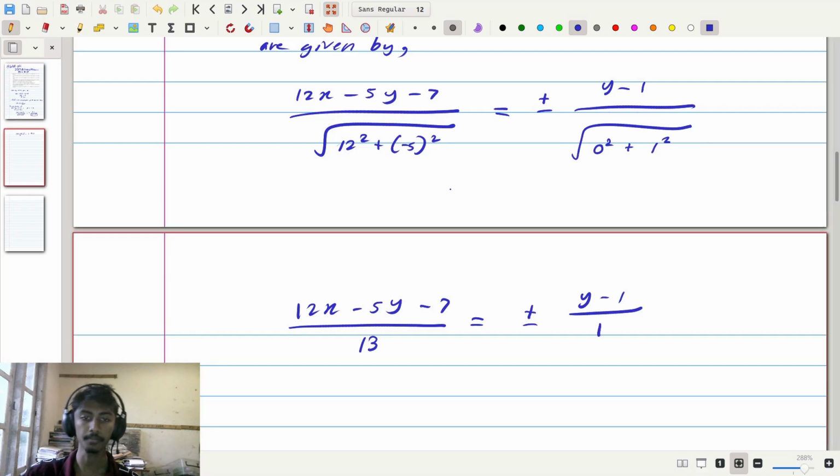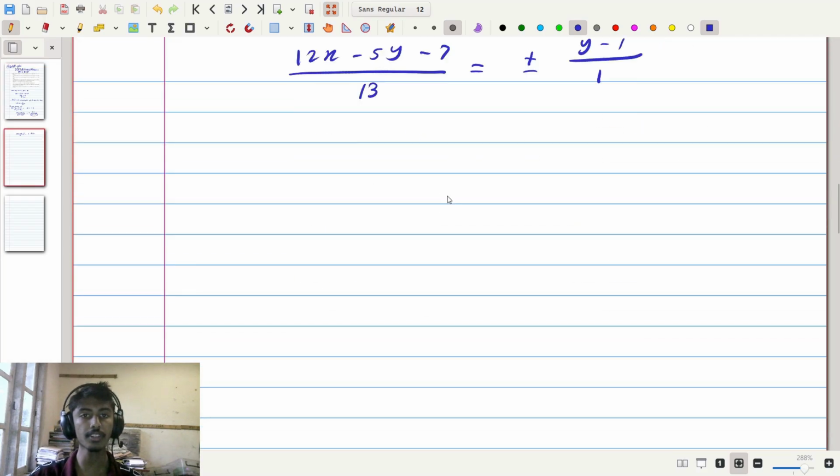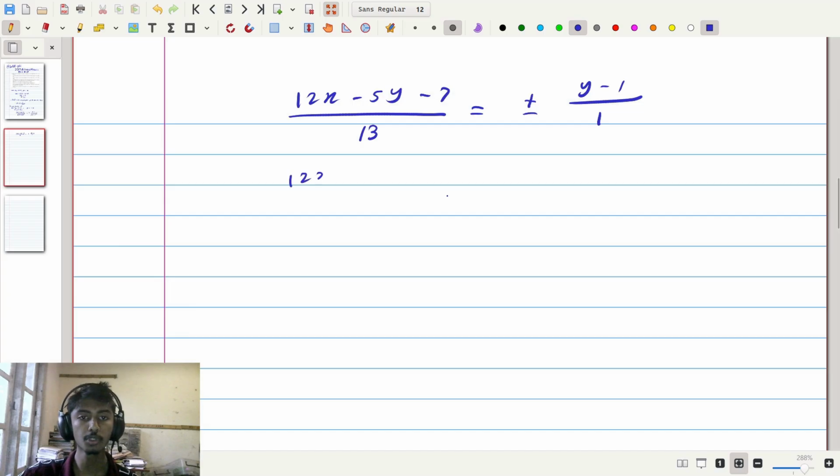So divide by 1. According to that, our two lines are 12x minus 5y minus 7 equals, when I take the 13 to the other side, plus or minus (13y minus 13).